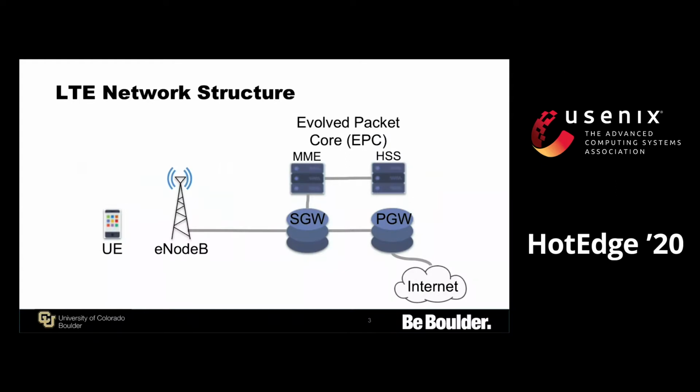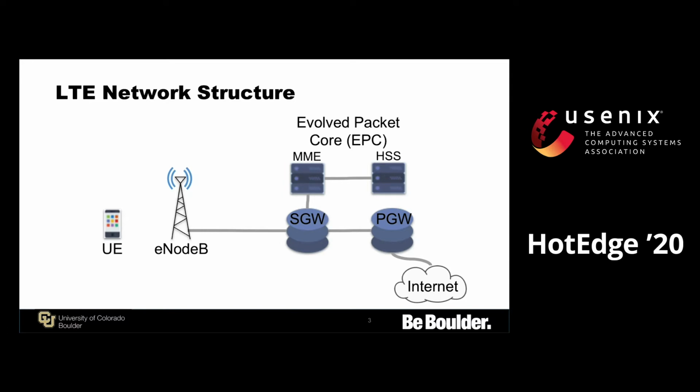These enterprise deployments will, however, have a different underlying network structure than what's previously been used in larger deployments. To understand this, let's quickly look at the structure of large deployments. LTE networks have three major components: the mobile device, called the UE, or user equipment, the radio access network composed of base stations, also known as E-Node Bs, and the core network, known as the EPC.